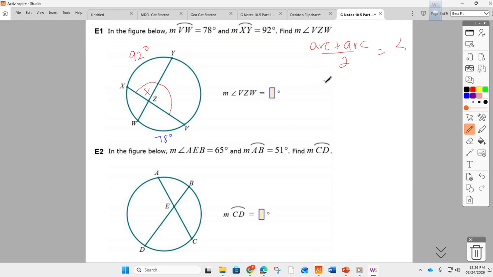So let's start. 92 plus 78 divided by 2 equals x.